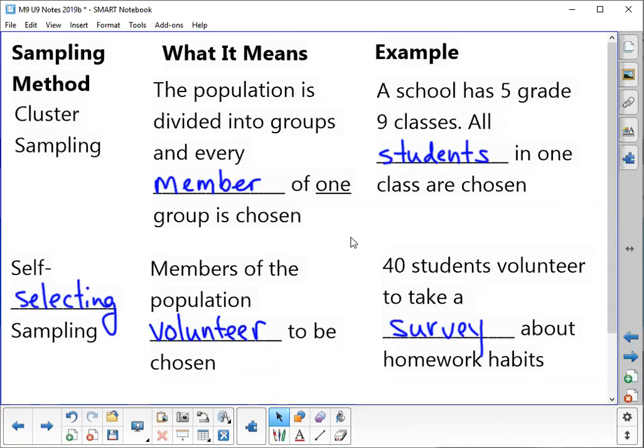Well, the radio station is going to get a lot of people who are loud voices and who want to make sure they're heard, but they're not going to get a really accurate sample of the entire city, because there's lots of people who won't answer it. Either they don't listen to the radio station, or they don't want to call in, don't have the time, don't have the inclination, lots of different reasons. And so it can be extremely inaccurate.